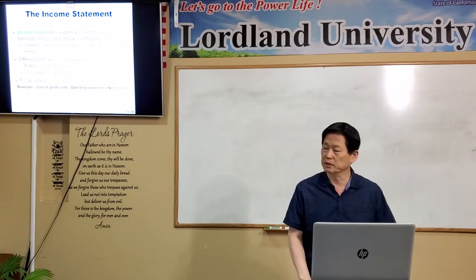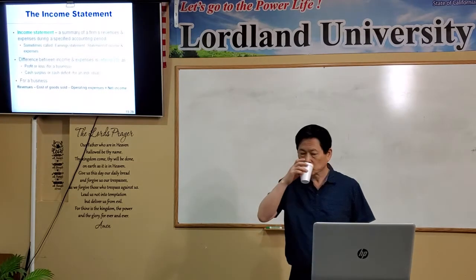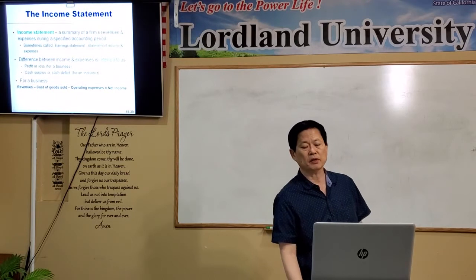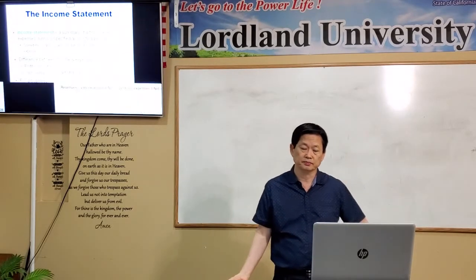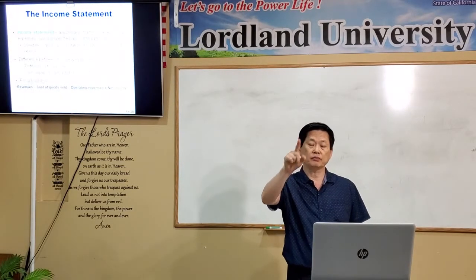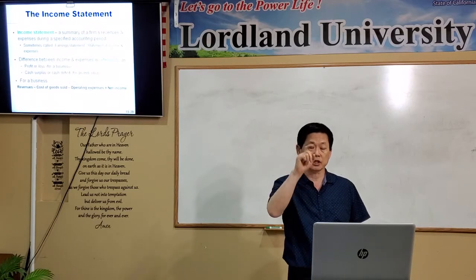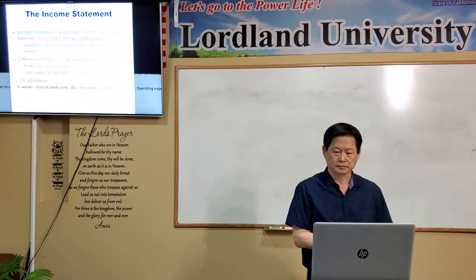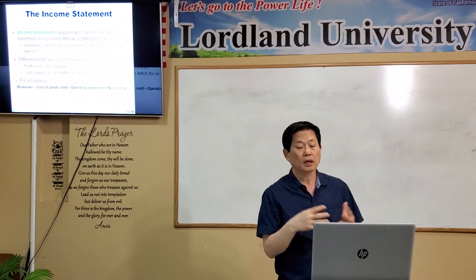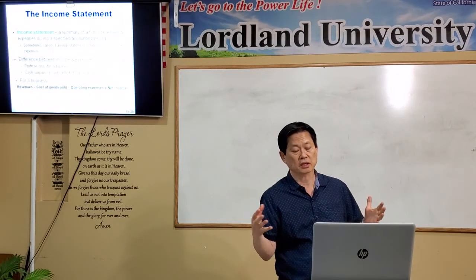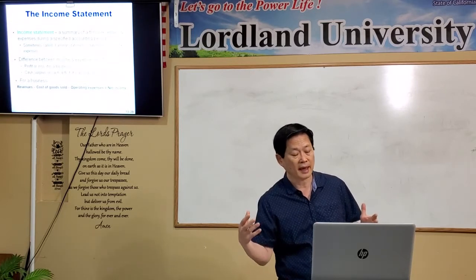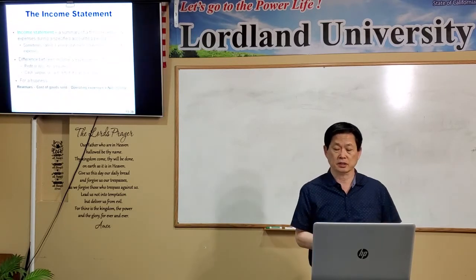Income statement. An income statement is a summary of a firm's revenue and expenses. Revenue minus expenses equals income during the accounting period. Another name for the income statement is earnings statement or statement of income and expenses.